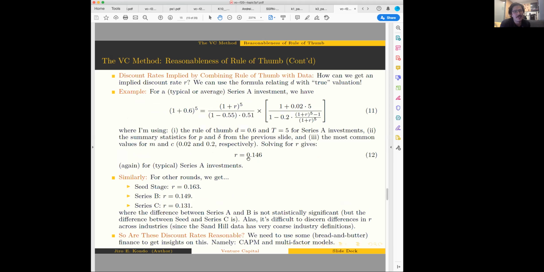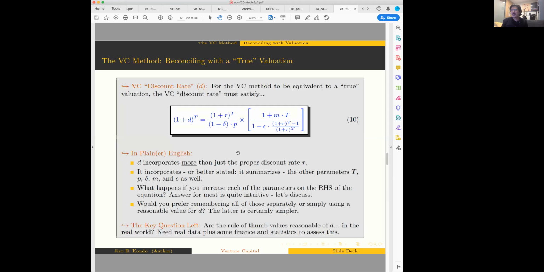So I did something else because I wanted to find out, is there evidence that this number is actually reasonable? Because if this number is reasonable, then we can reverse the chain of logic. If this number is reasonable, then this equation holds, then the VC method is kosher.